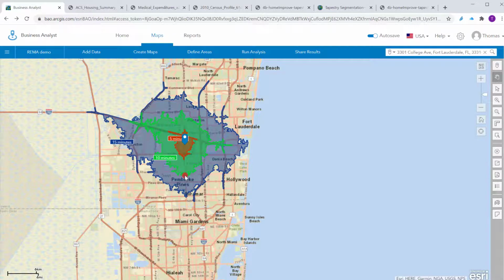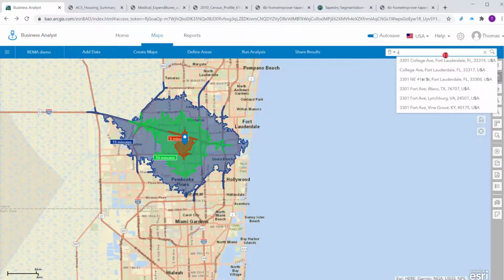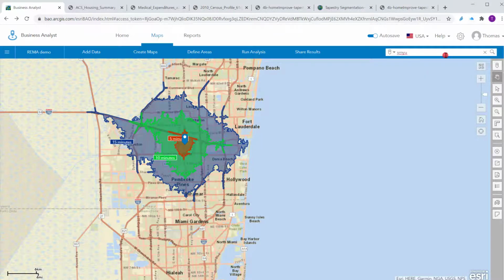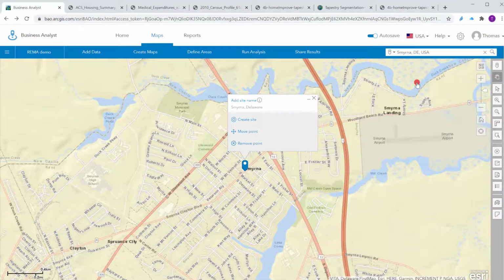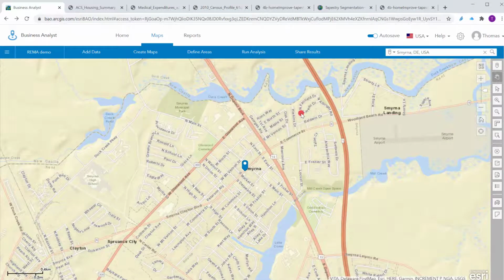It helps. It's a nationwide data set. Just to give you a hint, nationwide data set, Smyrna, Delaware. You can see multiple Smyrnas. Smyrna, Delaware. Duck Creek. Here's a Wawa, really great food place.